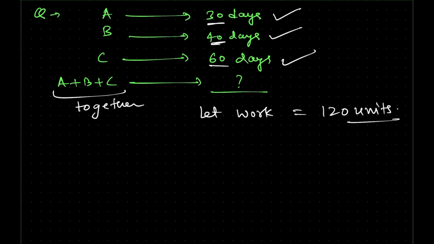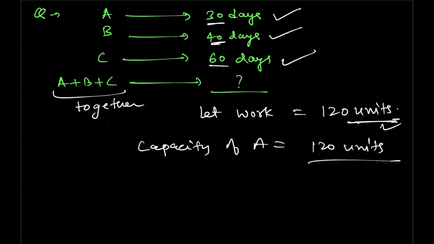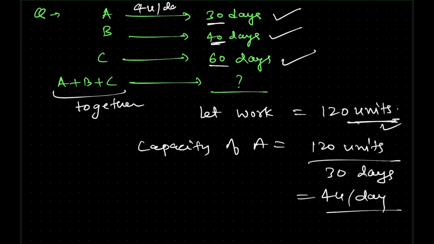If 120 units of work is total and A takes 30 days, what is the capacity of A? Capacity of A is 120 units by 30 days, so 4 units per day.